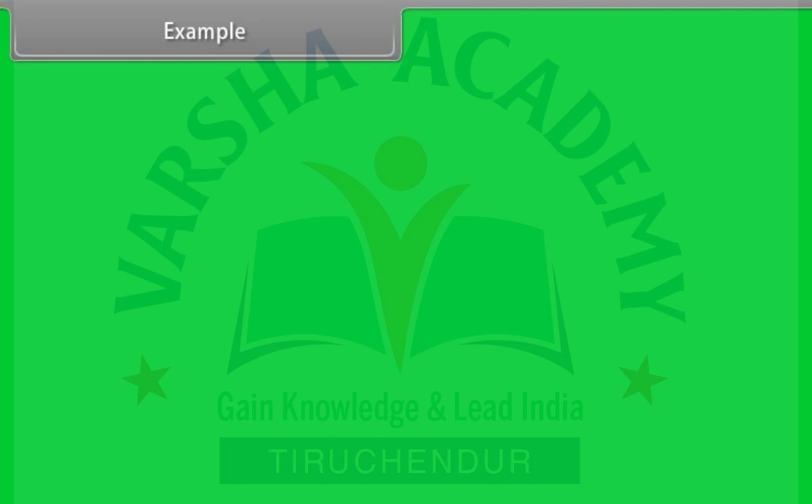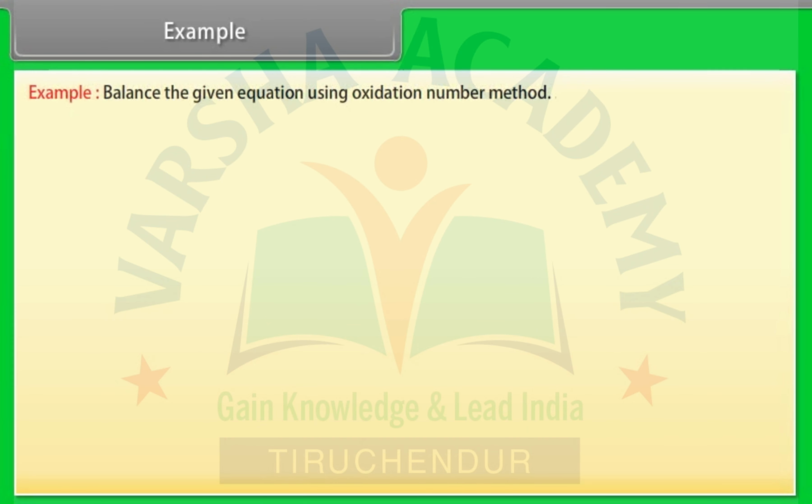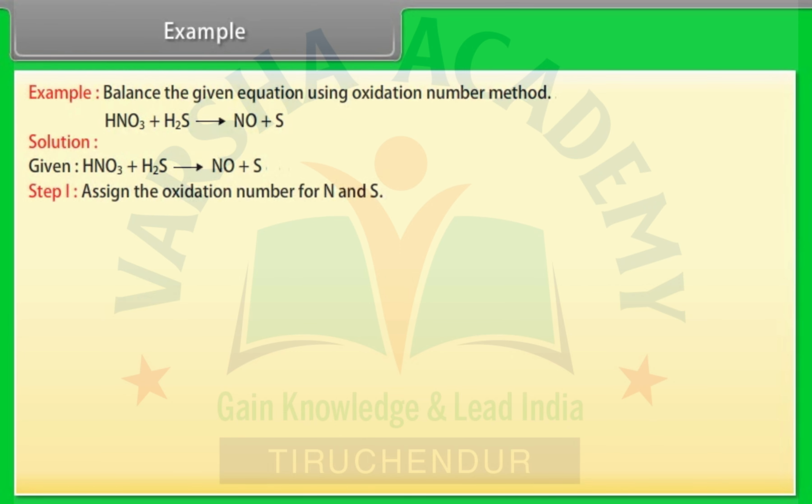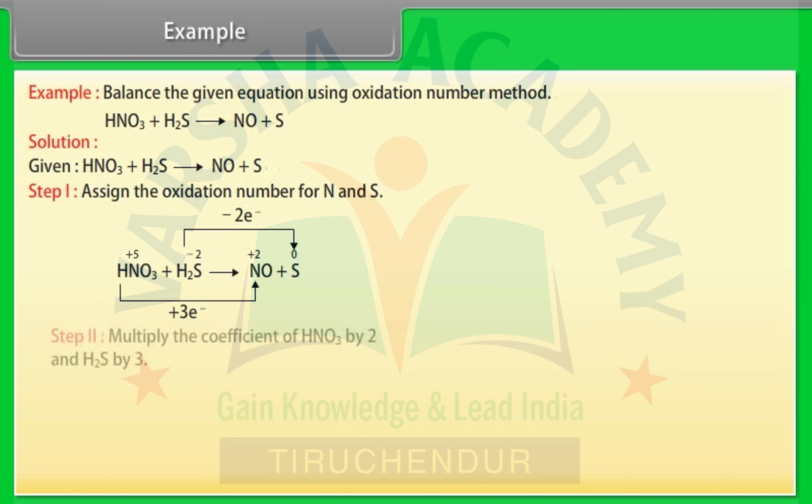Example. Let us take an example of balancing the equations. Balance the given equation using oxidation number method. Let's see the solution. Here, the given equation is HNO3 plus H2S gives NO plus S. Step 1. Firstly, we assign the oxidation numbers of N and S. Step 2.